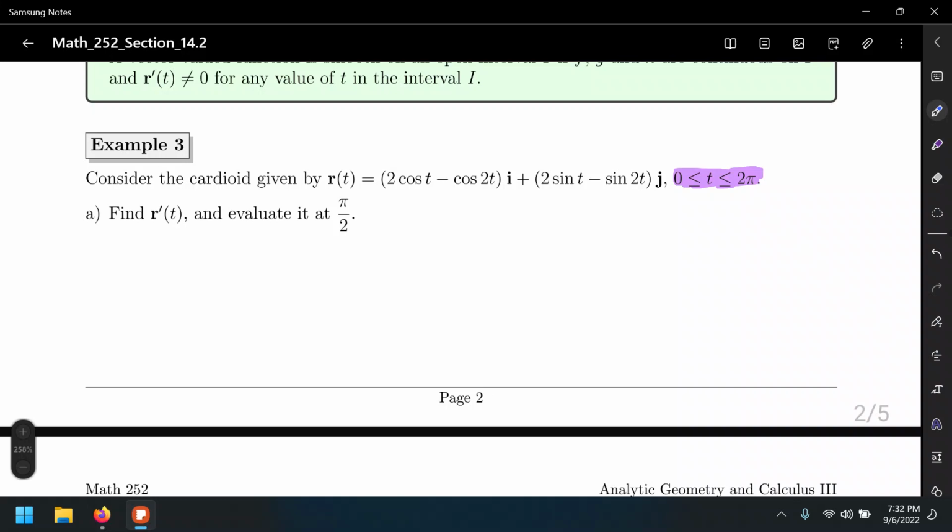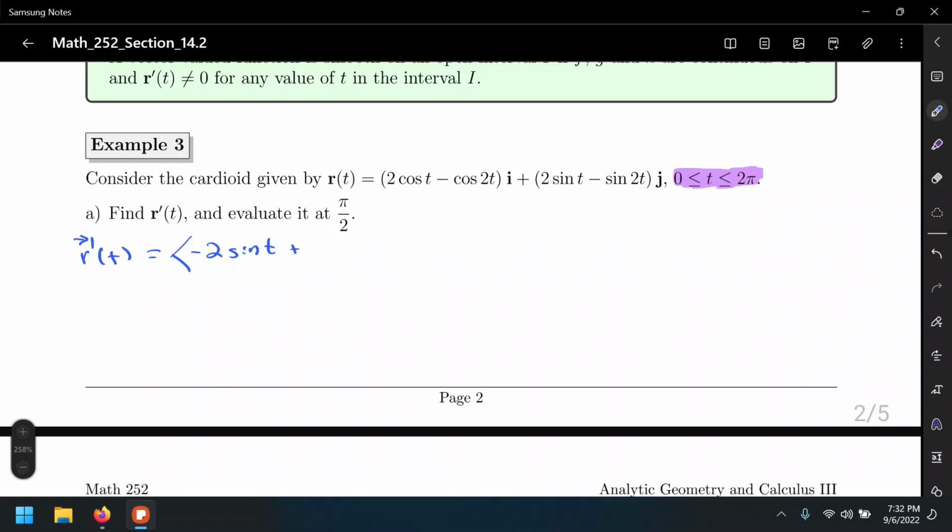All right. So r prime of t, vector valued function. All we do is take the derivatives of the components. The derivative of 2 cosine t is going to be negative 2 sine t. And the derivative of cosine 2t: the derivative of cosine is negative sine, but times the negative in front of it, isn't that going to be positive?